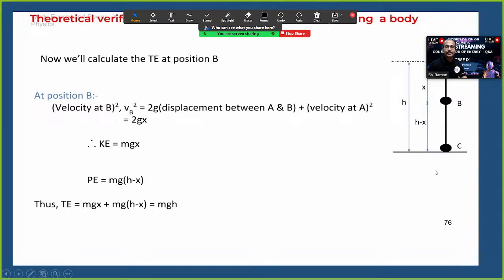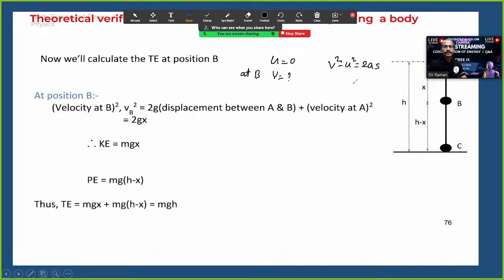Now velocity at point B we will find out. Initially we can calculate kinetic energy, then we will come to know what is potential energy over here. What is the initial velocity of an object at point A? That will be 0. At point B we need to calculate velocity. Newton's third equation says that v square minus u square is equal to 2as.